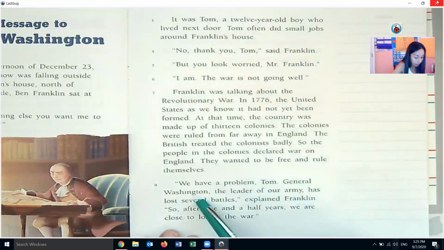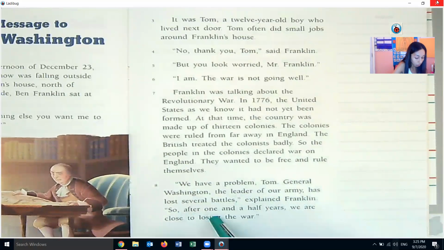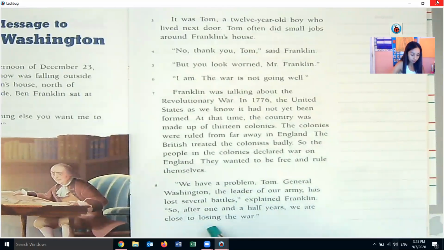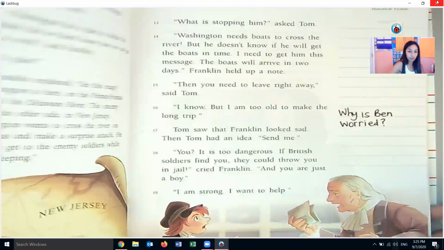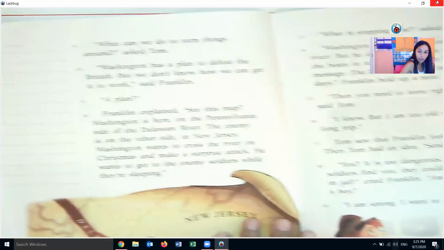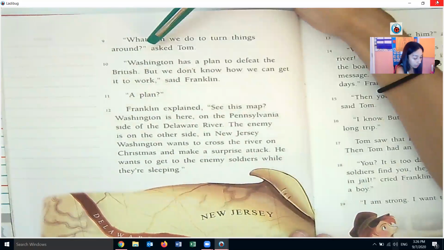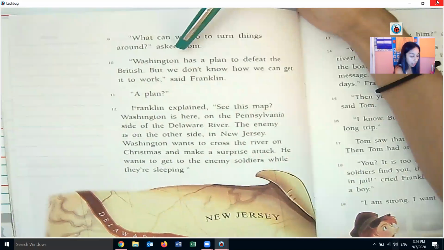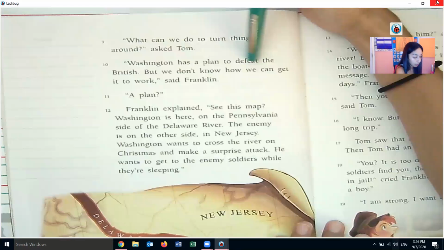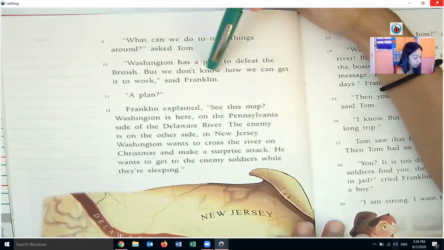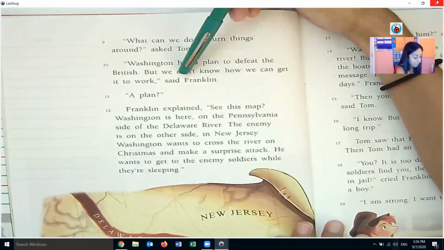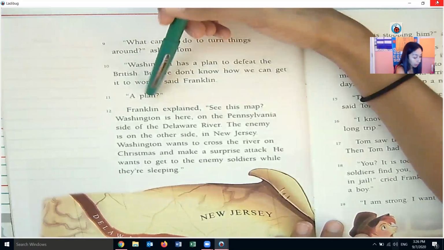General Washington, the leader of our army, has lost several battles," explained Franklin. "So after 1.5 years, we are close to losing the war." "What can we do to turn things around?" asked Tom. "Washington has a plan to defeat the British, but we don't know how we can get it to work," said Franklin.